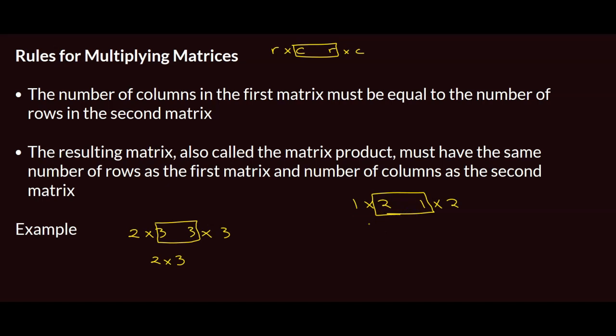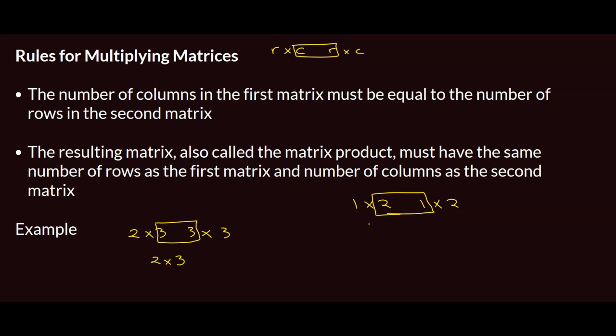So those are the most important things to remember. Let's go over it again. The number of columns in the first matrix must match the number of rows in the second matrix. And then the resulting matrix or the matrix product is going to have the same number of rows as the first matrix and the same number of columns as the second matrix.